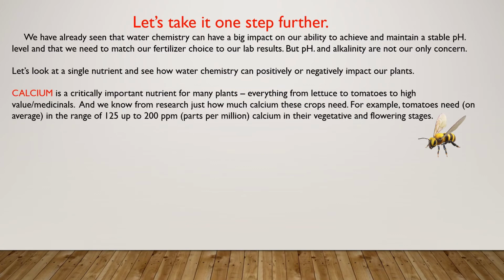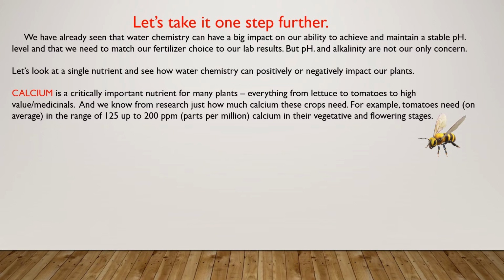Let's take, for example, calcium, and calcium is critically important for most plants, everything from lettuce, tomatoes, peppers, to high-value medicinals. We know from years of research the levels of calcium that most crops need, be they flower, food, or high-value crops.